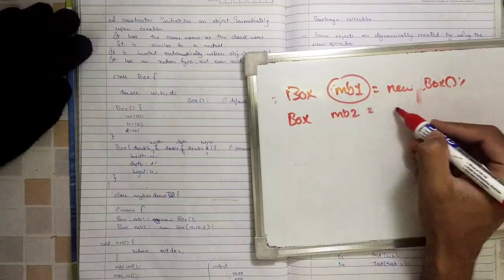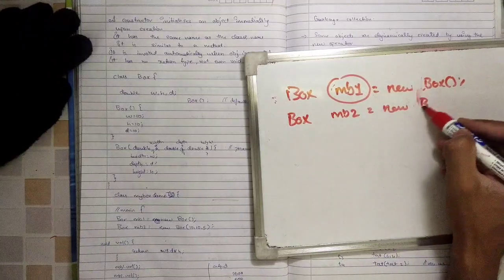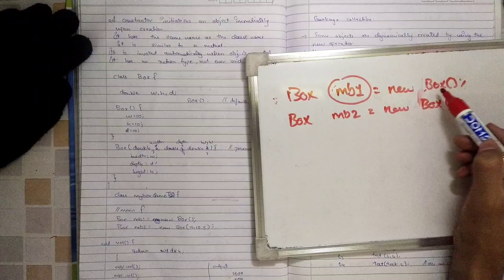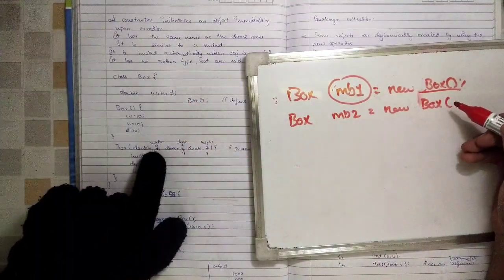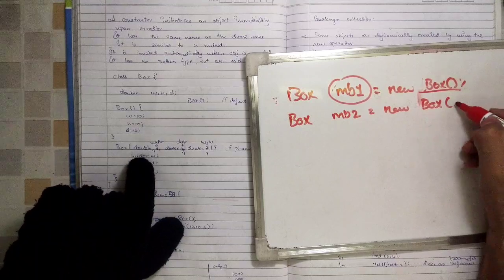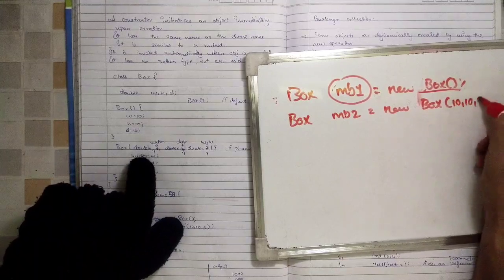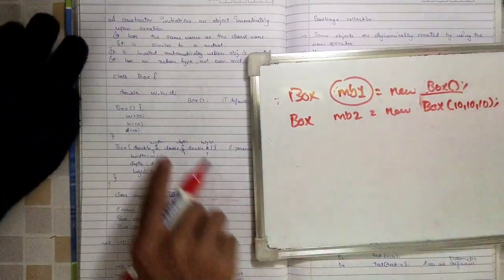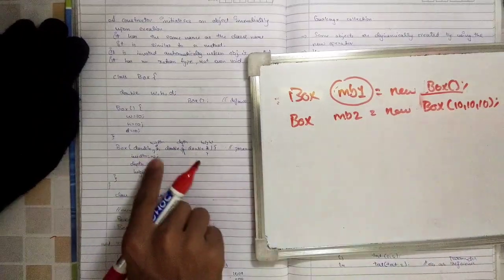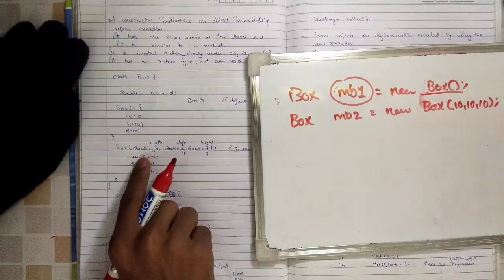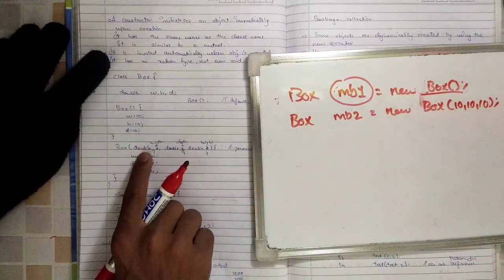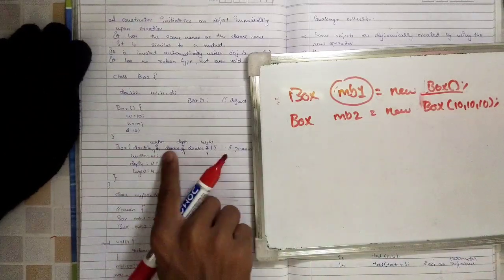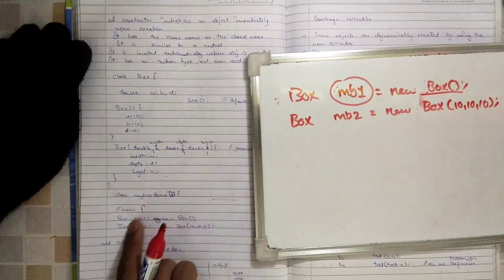My box2 equals new Box. Now see what difference I am making. The first calls the default constructor. Since I have 3 parameters inside this Box, I will pass 10, 10, 10 and close. So the second object is assigned to this kind of constructor. One by one, these 10, 10, 10 go respectively to width first, depth second, then height.